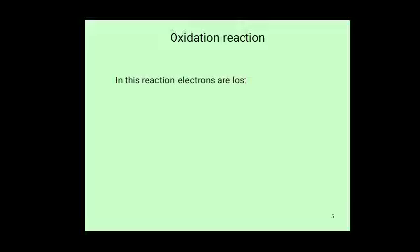In this transfer or sharing of electrons between the atoms, one undergoes oxidation and another undergoes reduction. Oxidation and reduction occurring simultaneously in a single step of reaction is called a redox reaction. What is redox? A reaction that involves simultaneous oxidation and reduction is called a redox reaction.